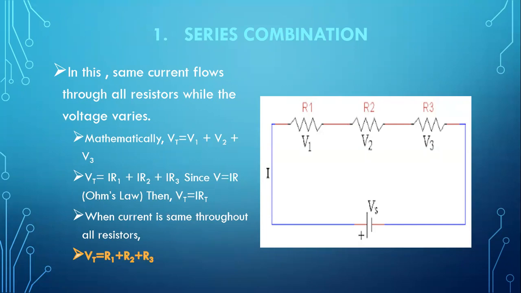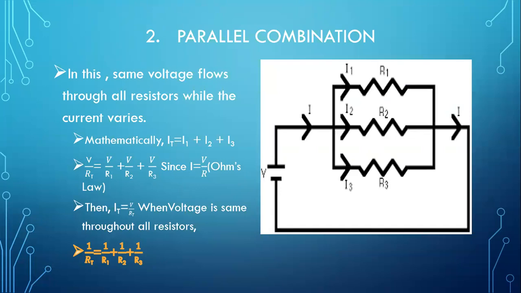Moving on, let's see the parallel combination. Now, in this parallel combination, it's just kind of the reverse of the series combination. That is, in parallel combination, the same voltage is across all the resistors.